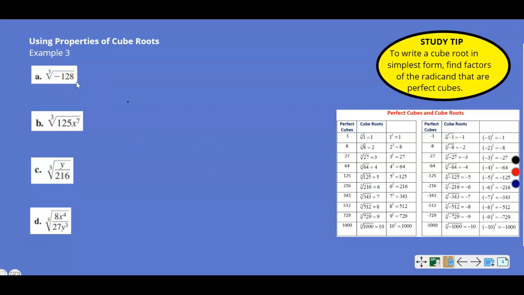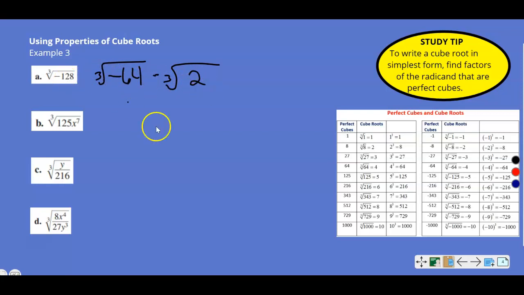So I can rewrite this as the cube root of negative 64, and I do want to use the negative one, times the cube root of 2. What I did is use the product property: if I multiply negative 64 times 2, it gives me negative 128.